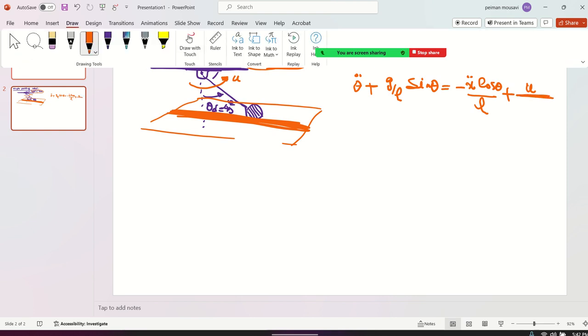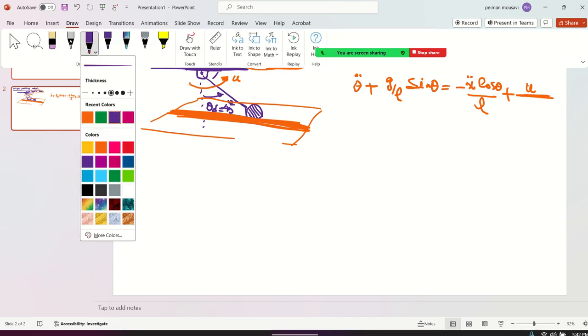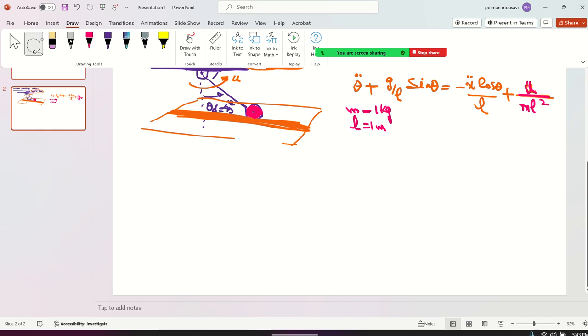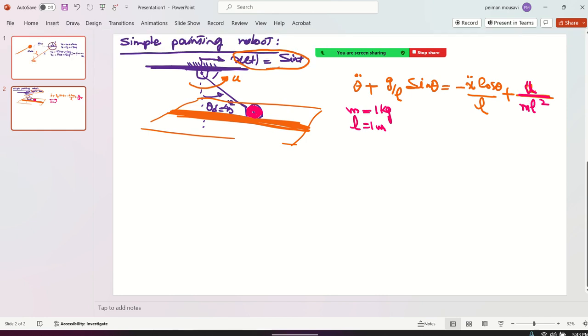I'm just adding the U here. If you derive it, it's going to be U over ml squared. But remember, our M for simplicity is always 1 kilogram for this robotic arm, 1 degree of freedom, and L is 1 meter. Being said, for teaching purposes, plus U.